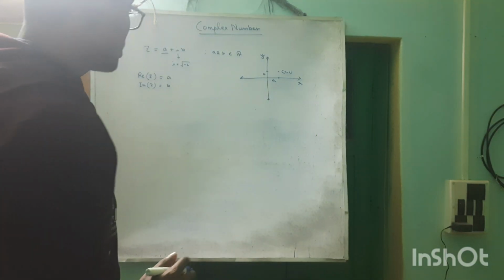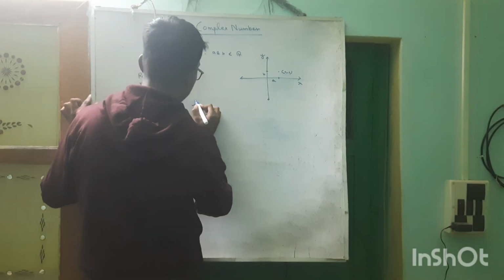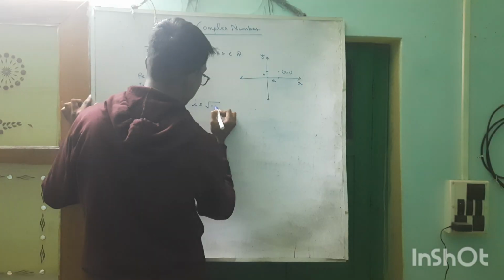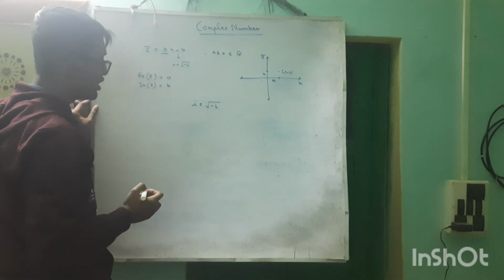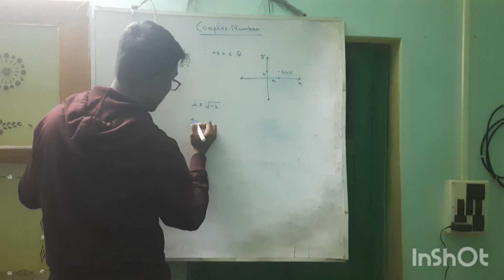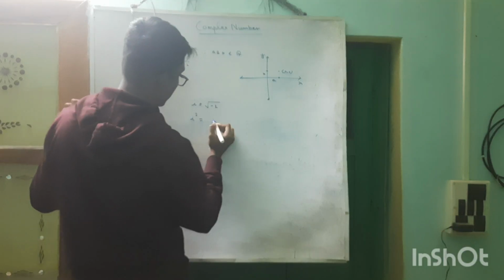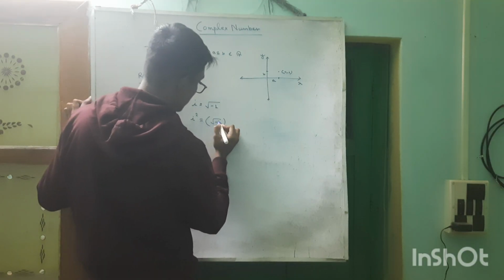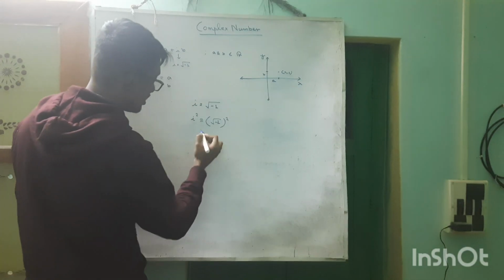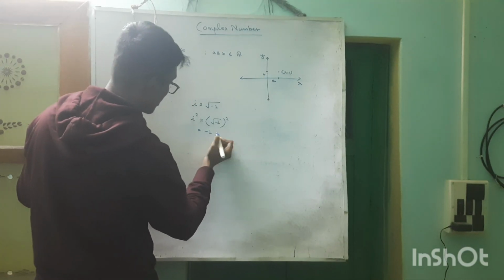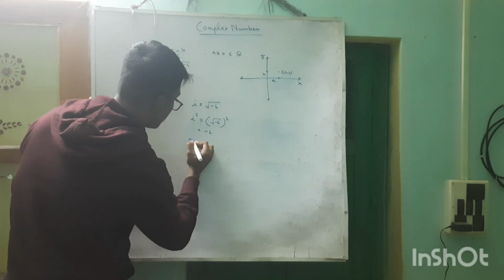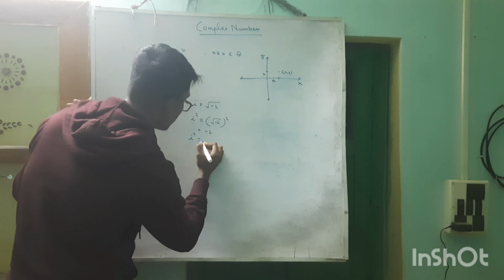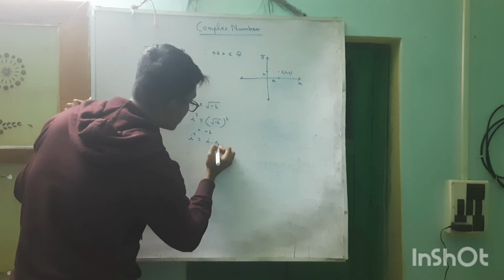You know what is i? i is equal to root over of minus 1. So come to some properties of i. What is i square? i square is equal to root over of minus 1 whole square, that is minus 1. What about i cube? i cube is equal to i into i square.